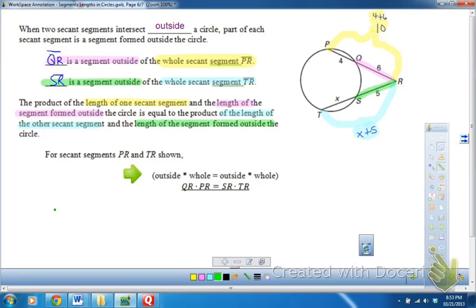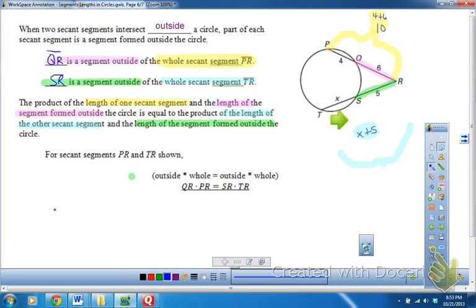So you multiply outside times whole, yellow times pink. So outside times that whole thing is equal to outside times this whole thing.